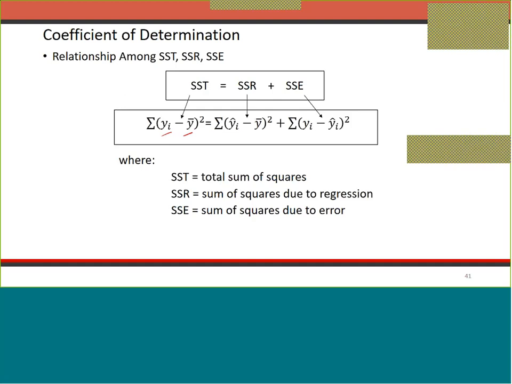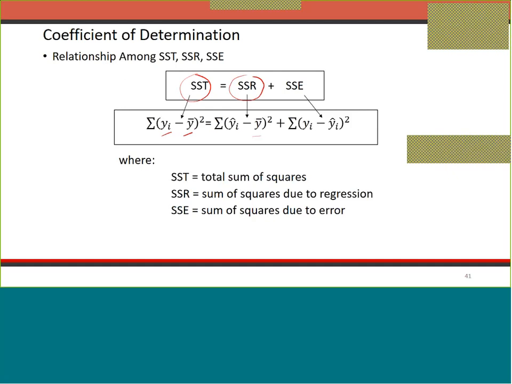Observed value minus mean. This is known as total sum of squares. Sum of squares of regression, how do you calculate? Sum of squares of deviations. What deviation am I taking? Estimated value minus mean. So sum of squares of deviations, here the deviation is estimated value minus mean.